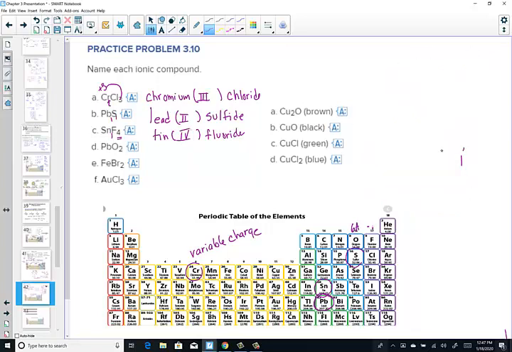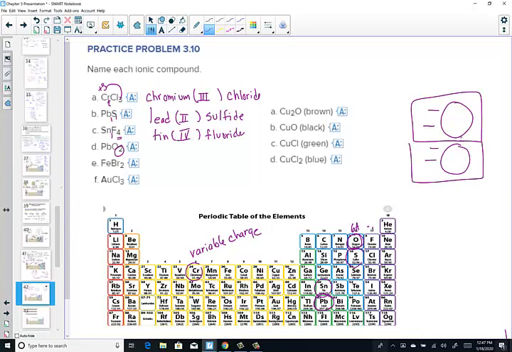Next one, PbO2. Oxide, we saw just a moment ago, is in group 6A. So I know that oxide carries a -2 charge. And do you see how there's 2 of them in the formula? So 2 units of a -2 charge. We have 1 Pb. Remember, Pb is our lead.